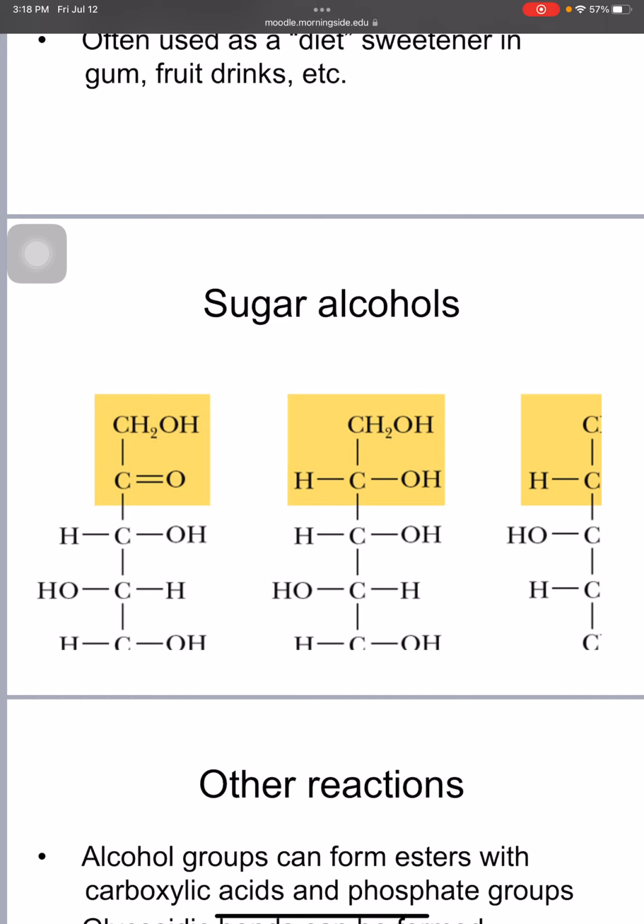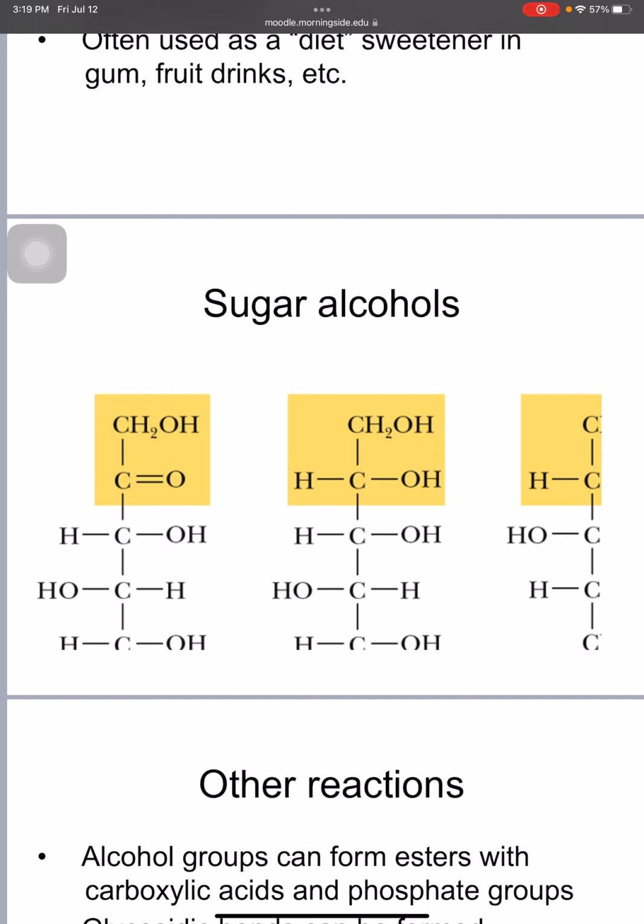If you think any of these sound familiar, they should, because this is actually a pretty common artificial sweetener that's used in a number of things. You see it a lot in gum. If you ever get a quote-unquote sugarless gum, they don't have sugars in them, they have sugar alcohols.